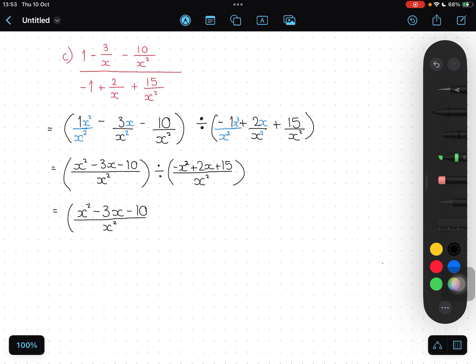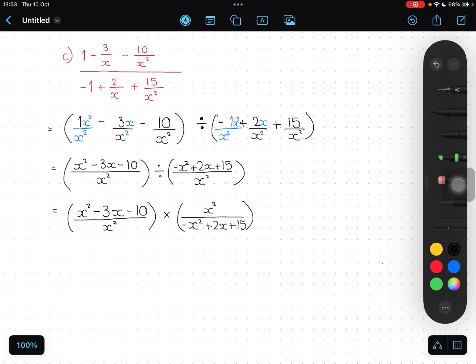In division, we are going to change it to multiplication, and we are going to simply flip this second fraction upside down. So I'm going to have x squared over minus x squared plus 2x plus 15.